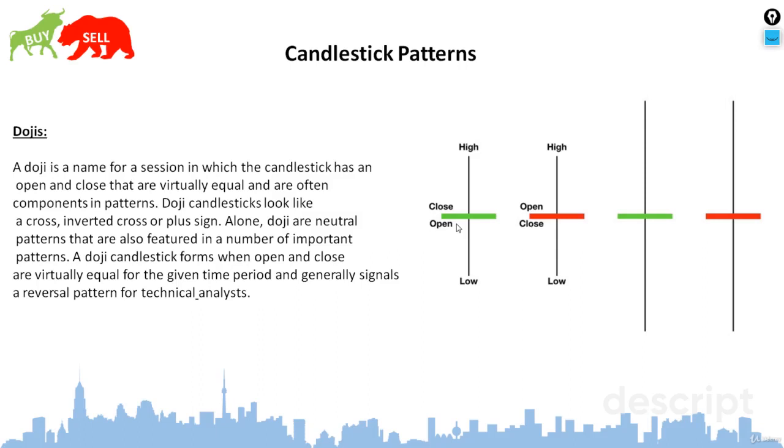It can have a small body, and we will consider it as a doji. And the color of the body is not important, whether it's blue or red. In this kind of candlestick, we just see the high and low, which in forex trading we call the tail, and we see the tail and the body.